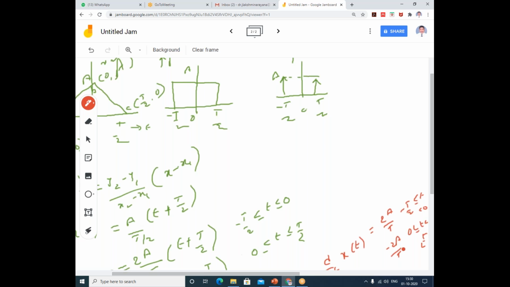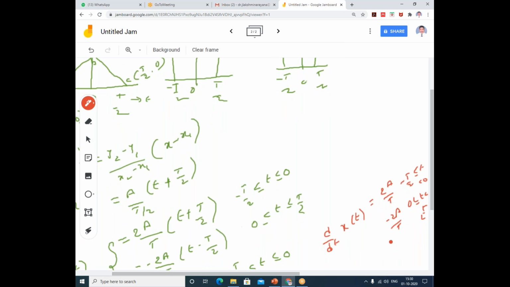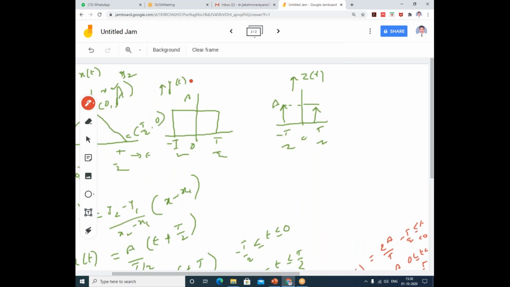And from 0 to T by 2 it is 2a by T again, meaning the same amplitude continues, and at T it is again minus, so it is falling. So this differentiation of x of t is nothing but your y of t. So I can write y of t is nothing but d by dt of x of t. Is it clear up to now?